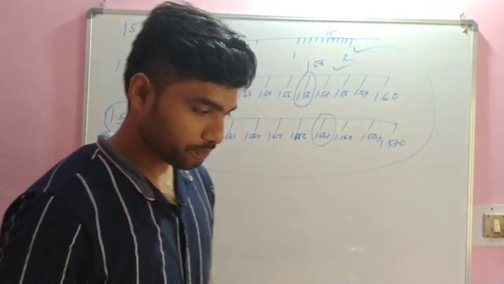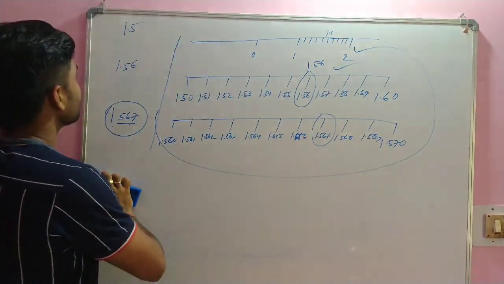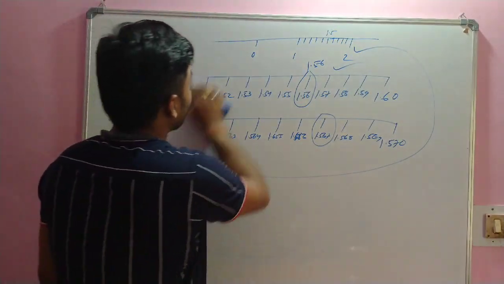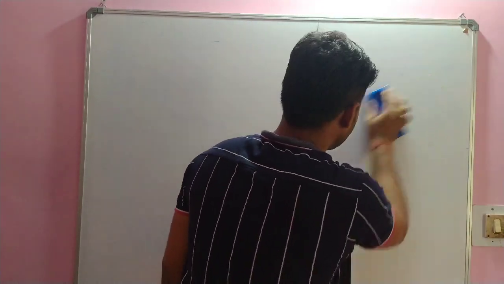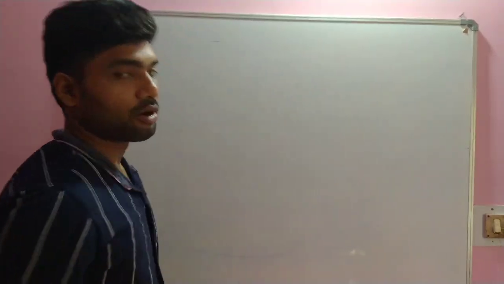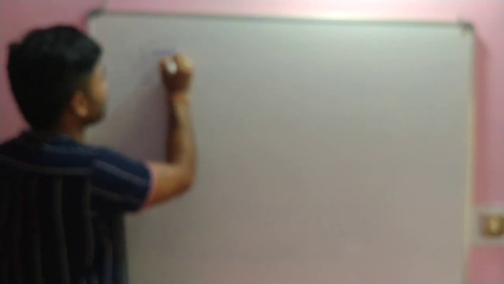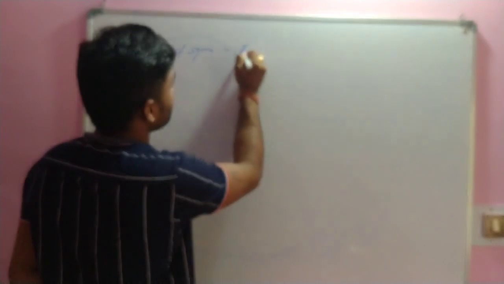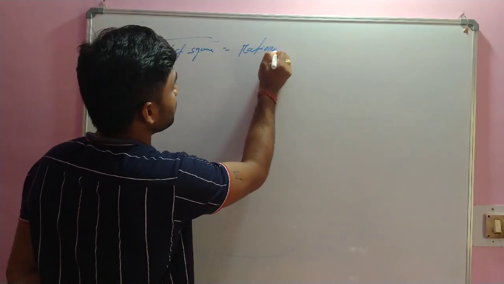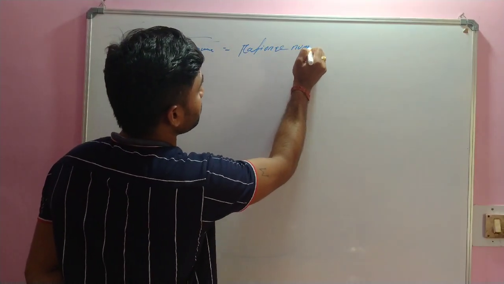Okay. Then what is an irrational number? The numbers which cannot be written as p by q. The square root of a perfect square is a rational number.